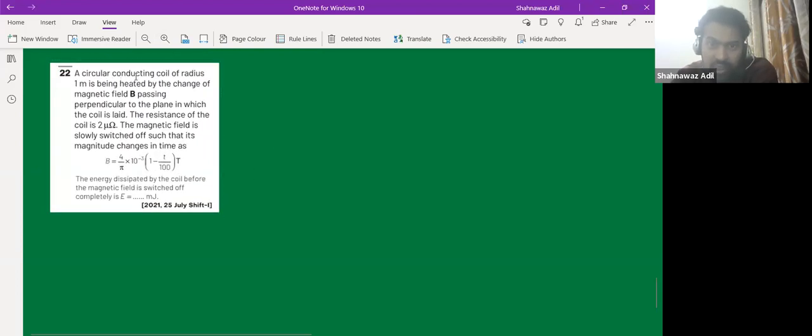So a circular conducting coil of radius is being heated by the change of magnetic field passing perpendicular to the plane which the coil is in. The resistance of this coil is 2 micro-ohm. The magnetic field is slowly switched off such that its magnitude changes in time as this. Right?